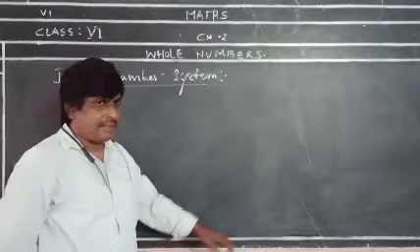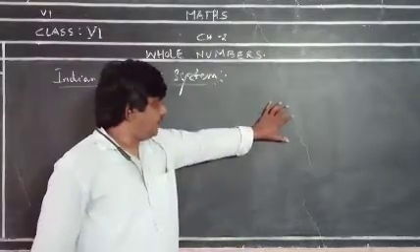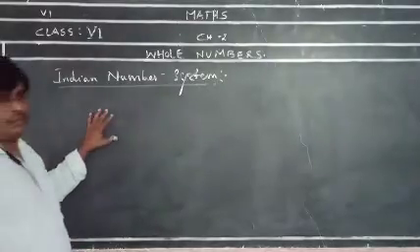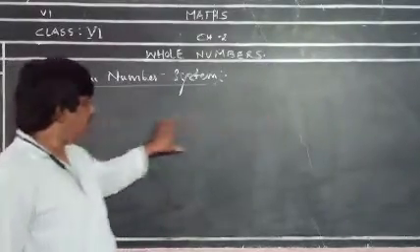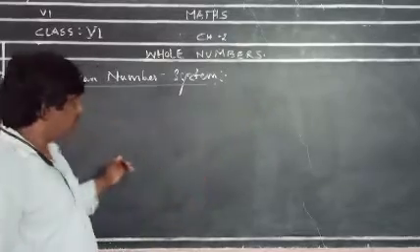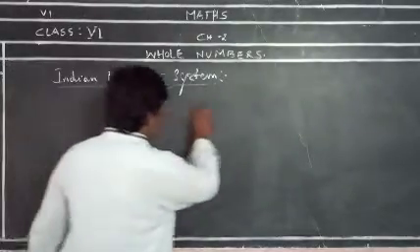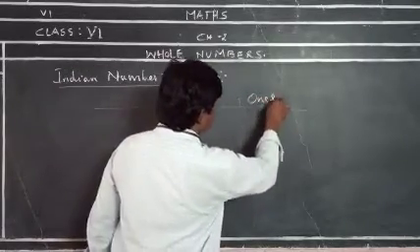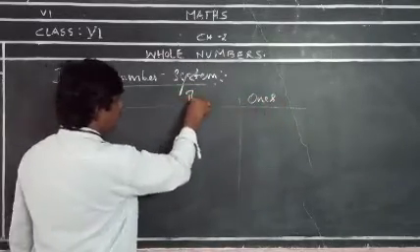This Indian number system consists of ones, thousands, lakhs, crores. By this way we can take the number name and the numbers. First of all, this consists of the ones house and another one is the thousands house.